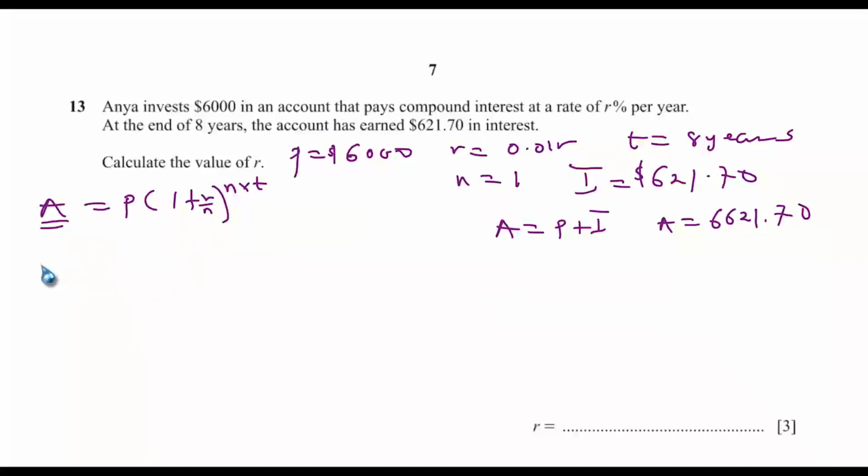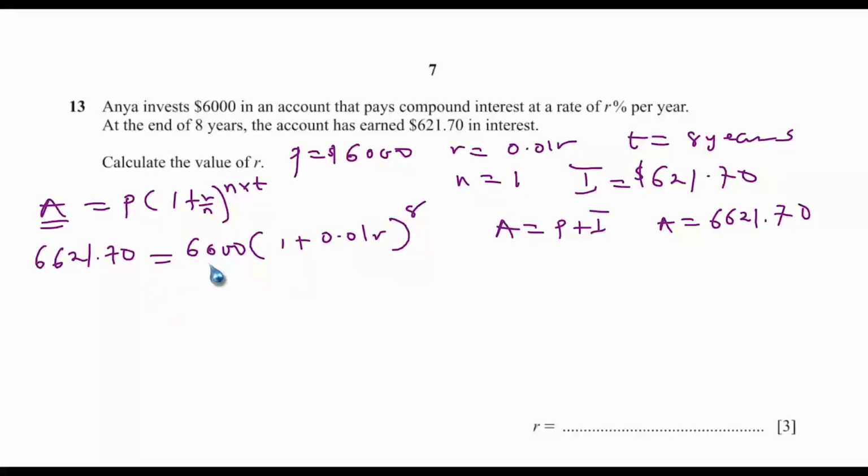So we can now plug in all the values here and solve for R. The amount, $6,621.70, equals the principal, 6,000, times (1 plus 0.01R), and the value of N is 1, so it's of no use here. Everything is raised to the power of N times T, which is 1 times 8, that will be 8.